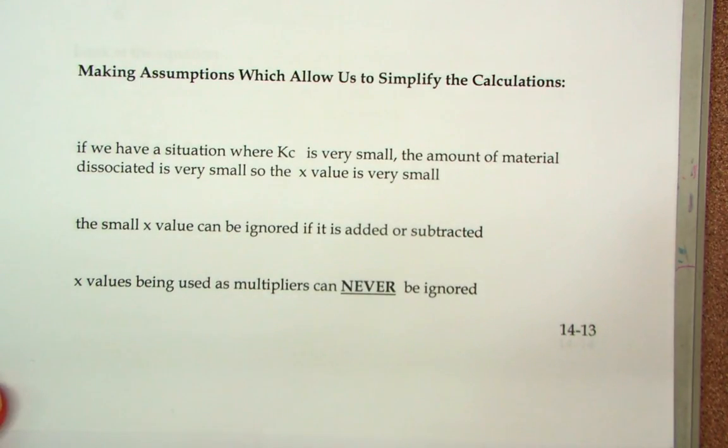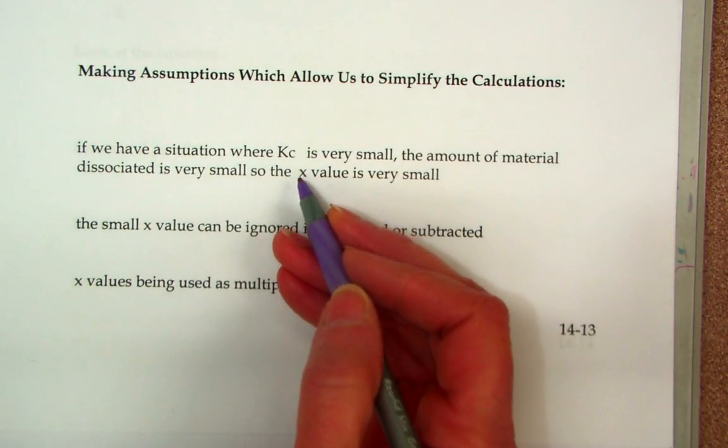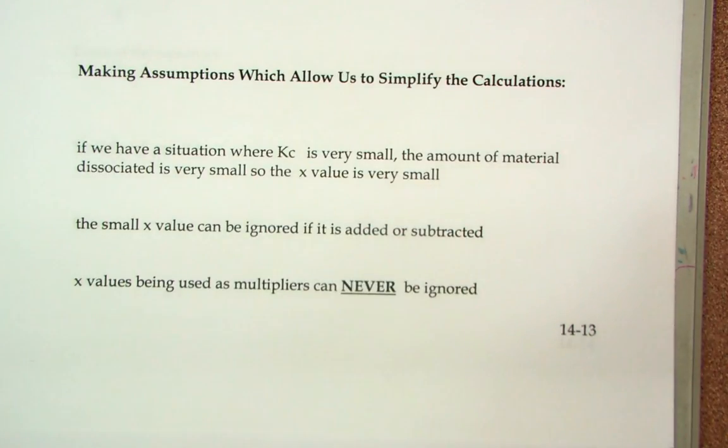So we think about this. If we have a situation where the K value is small, we said that when the K value is small, we don't have very much product. So that means not very much reactant gets used up.